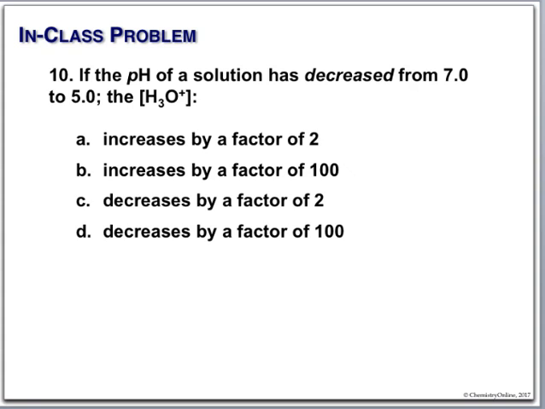Every number represents tenfold. We can demonstrate that going back to our formula. pH is minus log hydronium. And again, same thing, 10 to the minus pH is hydronium. So we're starting at 10 to the minus 7, and we're going to 10 to the minus 5.